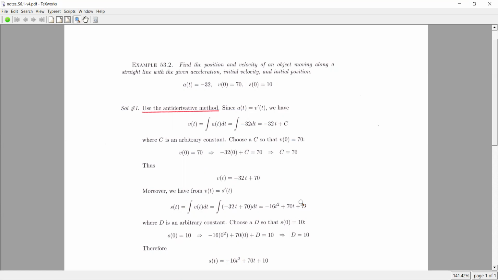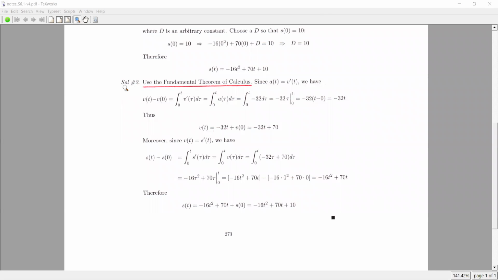This time I use D because I have used C here. To determine D, I use this initial condition. When time is 0, the position is 10. By this condition, then D is 10. Therefore, the position function of the moving object is this.